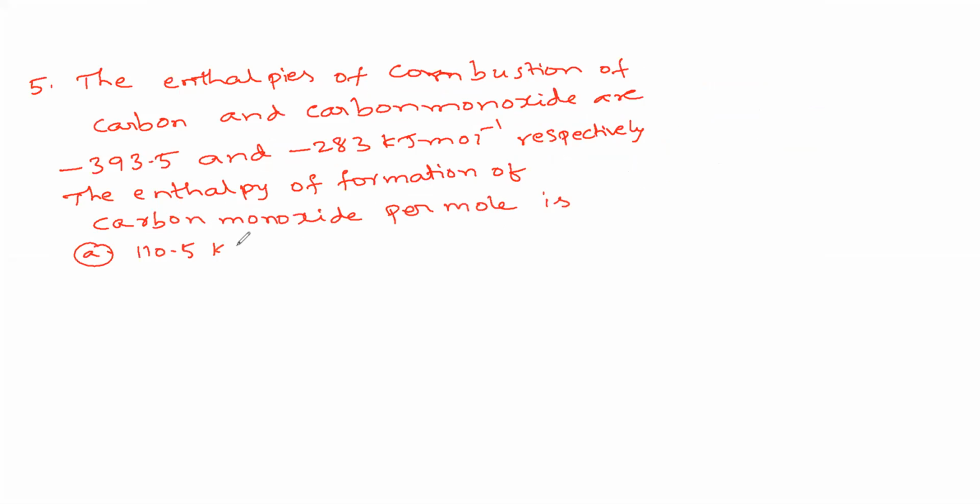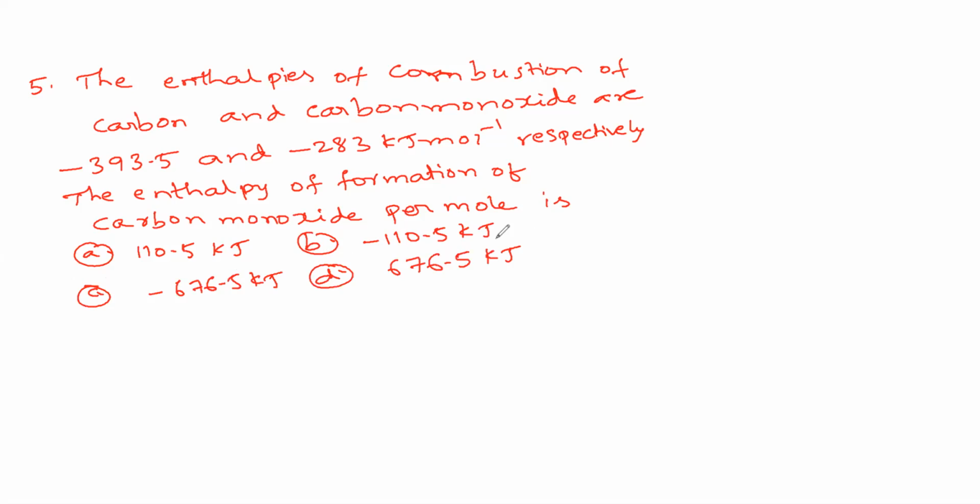Option B, minus 110.5 kilojoules per mole. Option C, minus 676.5 kilojoules. And option D, 676.5 kilojoules. All these numericals are very important, that's why we are discussing them. Now we need to solve this numerical. This is a previous JEE question.